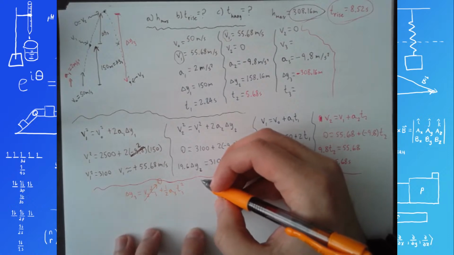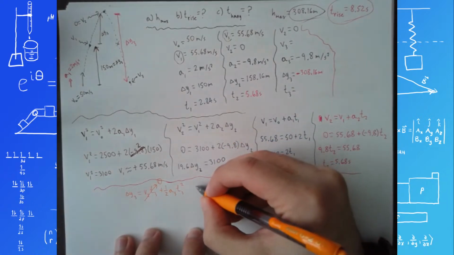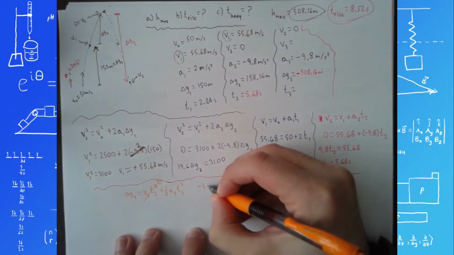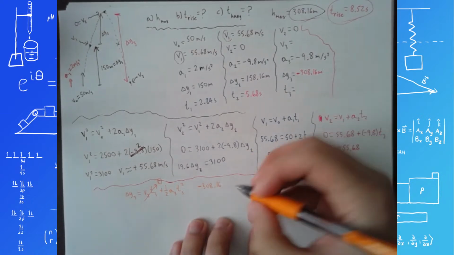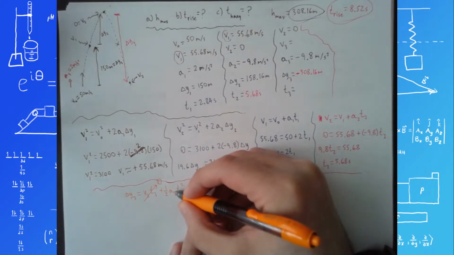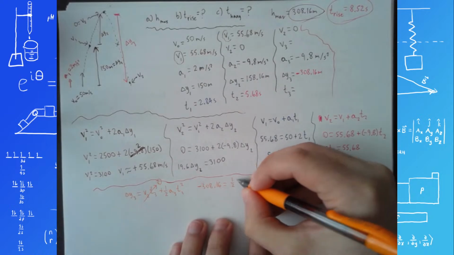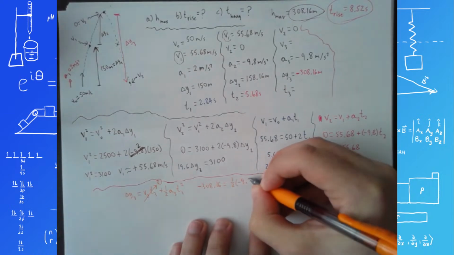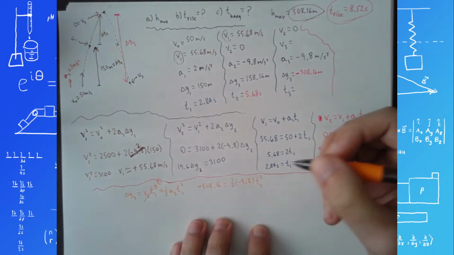Anyway, if I go ahead and plug in my numbers, I've got negative 308.16 is equal to, that's a 0, and then 1/2 times negative 9.8 times t3 squared.